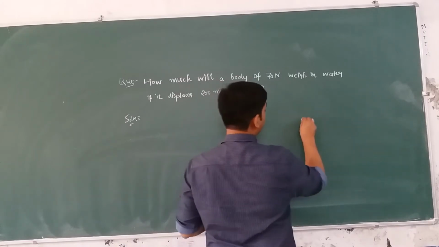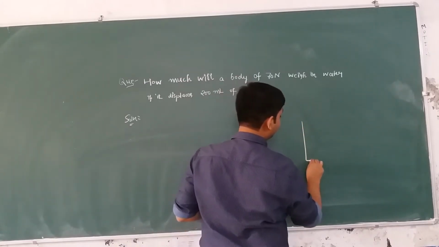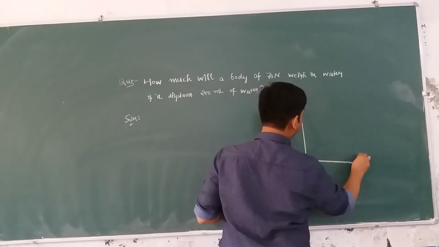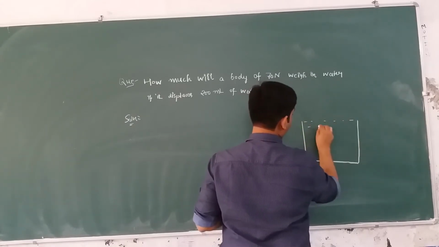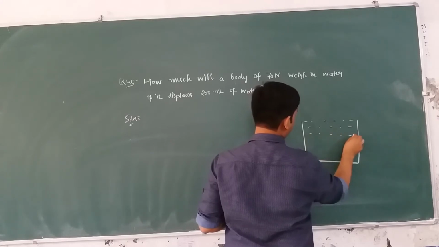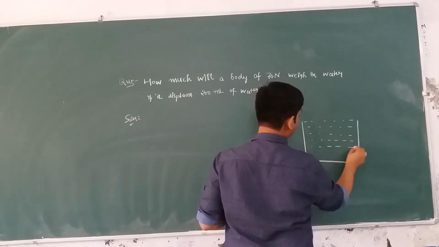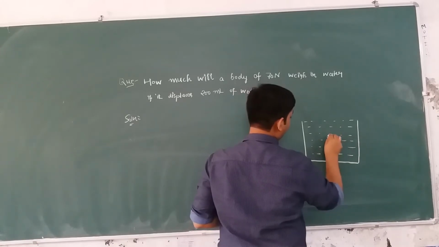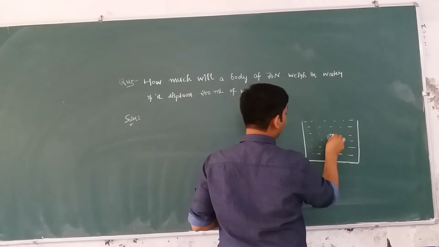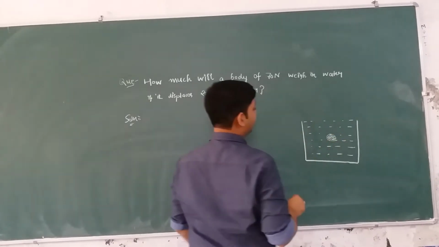What we used to do, we used to take this container in which the liquid is filled. Here the liquid is water. So this is the liquid filled inside the container, and suppose this is the body of weight 70 Newton. Now we want to measure the apparent weight of this body.